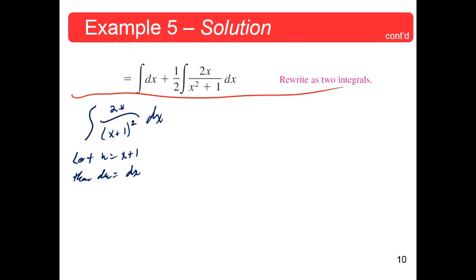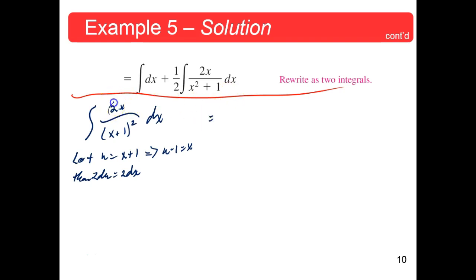Well, we had one like this before. We can take care of this x here by solving for it. In other words, subtracting 1 from both sides gives you u minus 1 is equal to x, right? Okay, so that takes care of the x. How we can take care of the 2 is multiply the second line by 2. And now we have 2 du is equal to 2 dx.